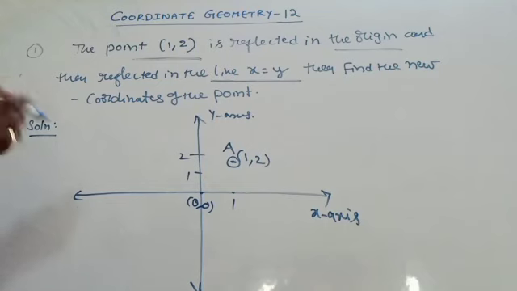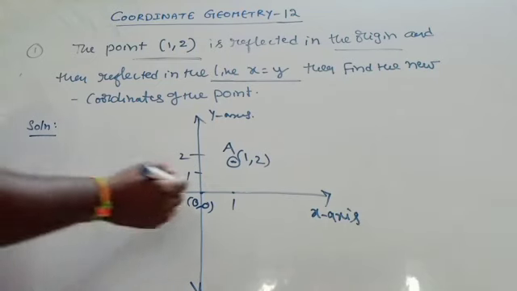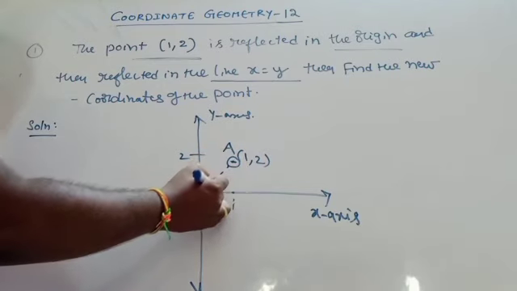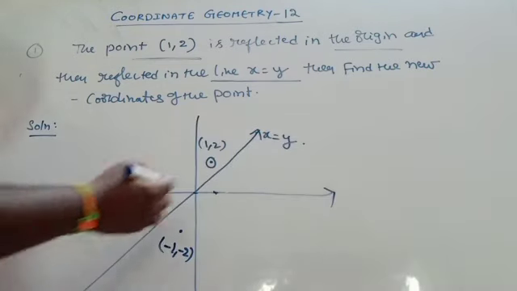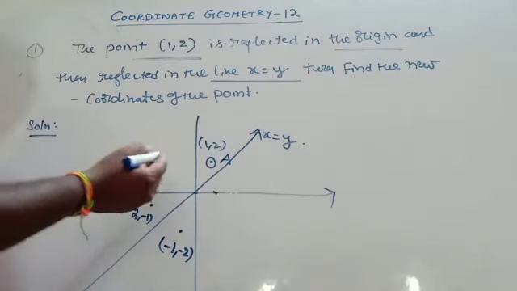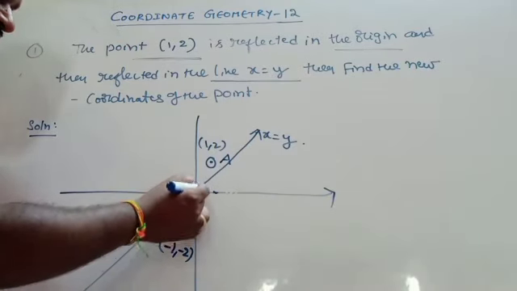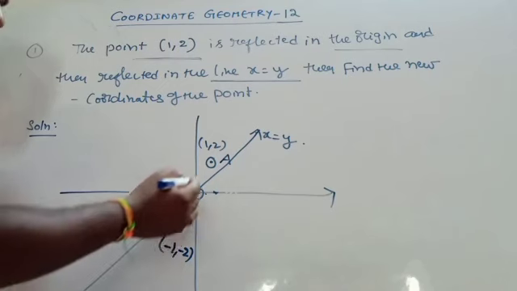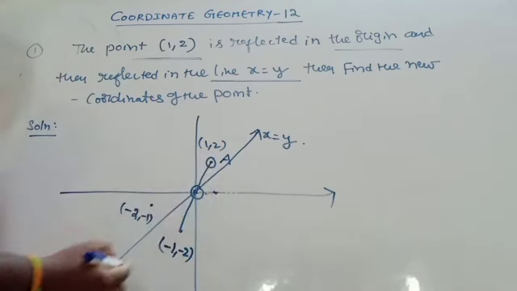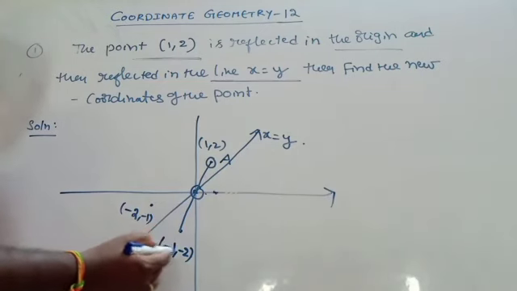It is reflected in the origin. Now this point is acting as a mirror like this. This is the point A (1, 2) we are having here. When it is reflected through the origin, its image is this point. If this is (1, 2), then it is (-1, -2).